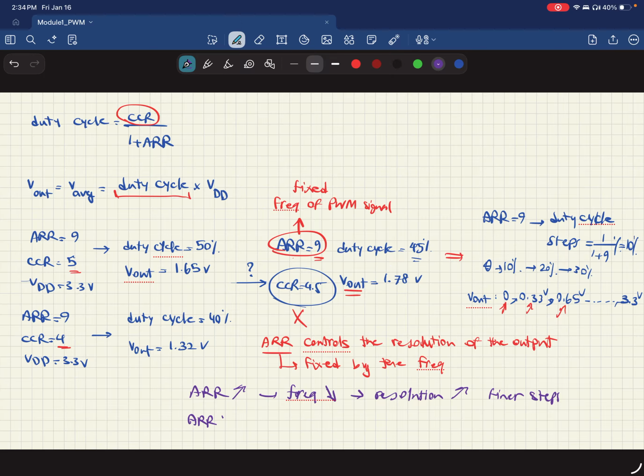If ARR is low, frequency is higher, resolution is the one that is lower. So this is the trade-off. Again, you should be mindful of these trade-offs.